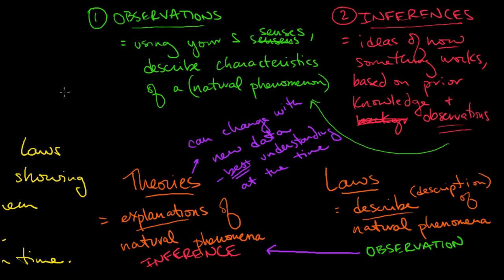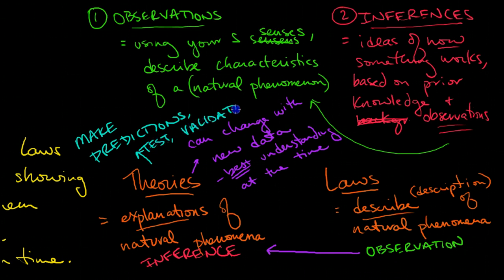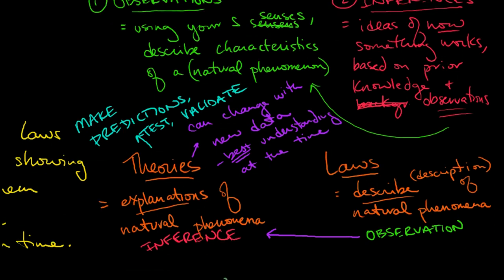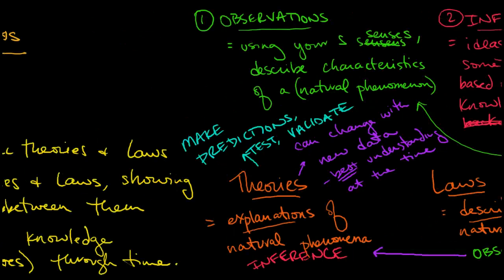And the other thing that theories do that's really important is that we can make predictions based on them, test them, and validate. So if we make predictions based on those theories and they come true, then at least we got part of the puzzle correct. So I hope that actually we've already answered number 5 for you.